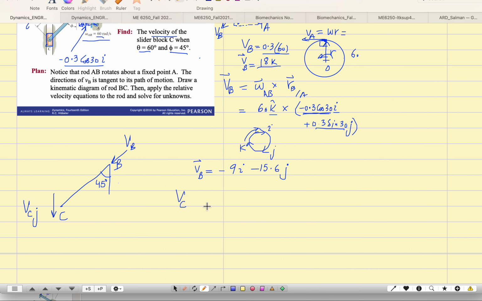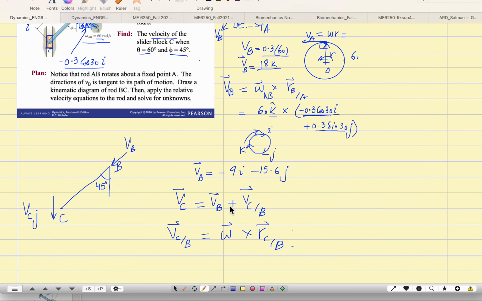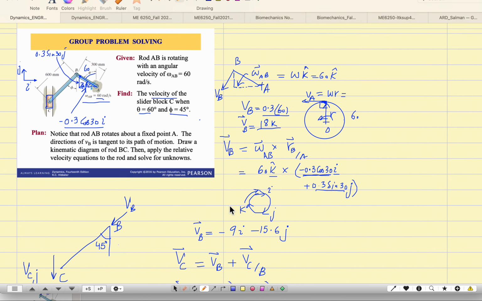VC equals VB plus VC from B. So I'm using the link BC now. Let's write it down in vectorial form, and I'm going slowly here. VC from B is omega cross R C from B. Now omega, in this case, is unknown.